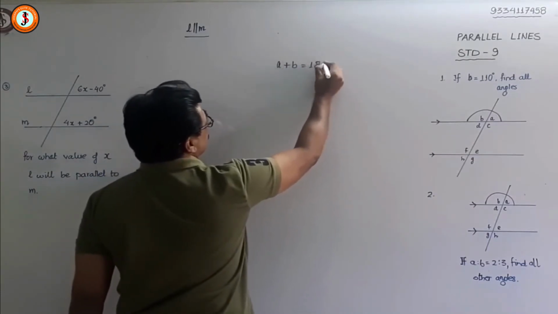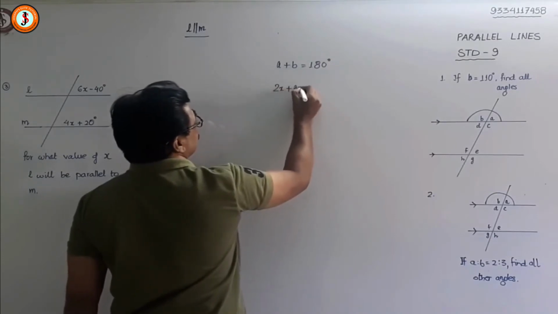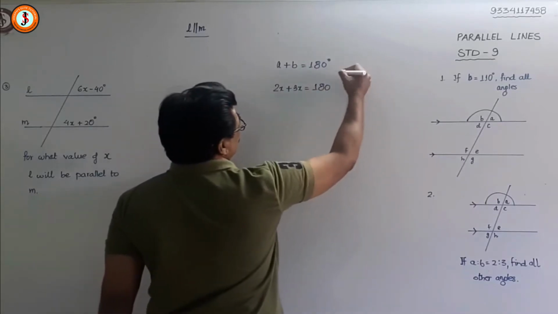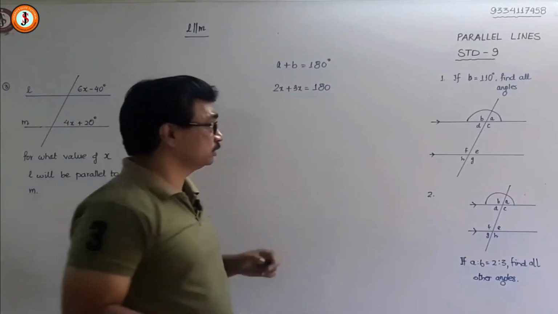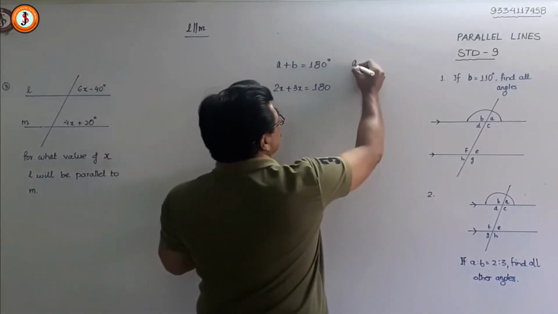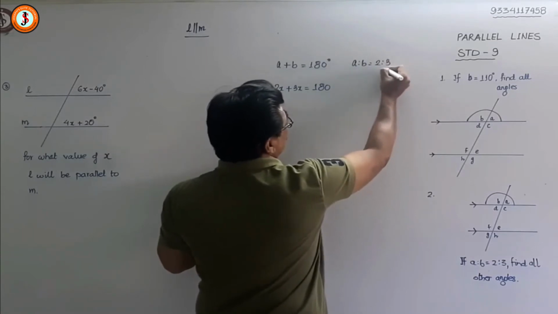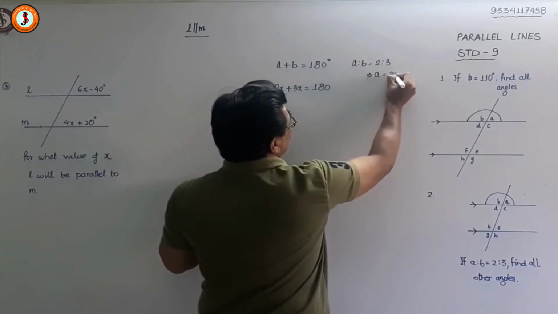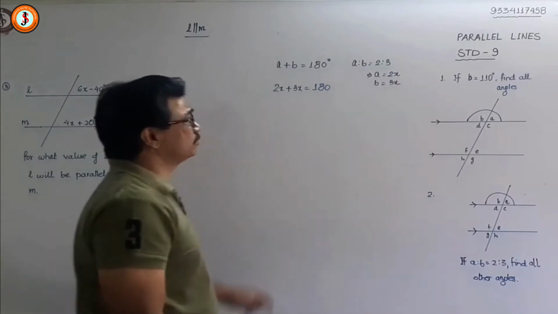So the ratio is given 2 is to 3, that means 2x plus 3x is equal to 180. So there must be a common factor. Let the common factor be x. So A will be equal to 2x and B is equal to 3x.